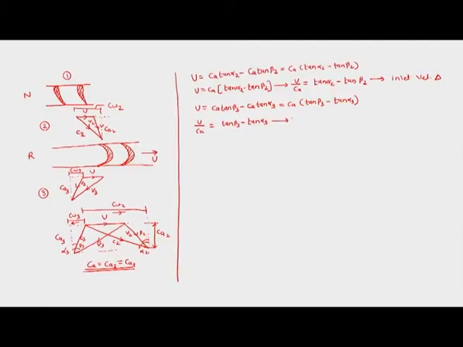So this is from the outlet or exit velocity triangle. So from the inlet and outlet velocity triangles we get u upon CA is equal to tan alpha 2 minus tan beta 2 is equal to tan beta 3 minus tan alpha 3. So this leads to the fact that we have tan alpha 2 plus tan alpha 3 is equal to tan beta 2 plus tan beta 3.